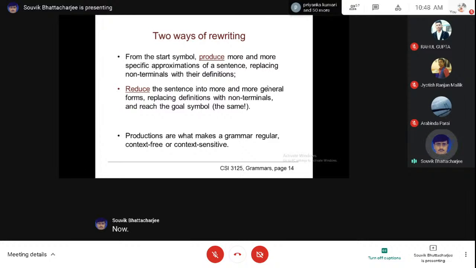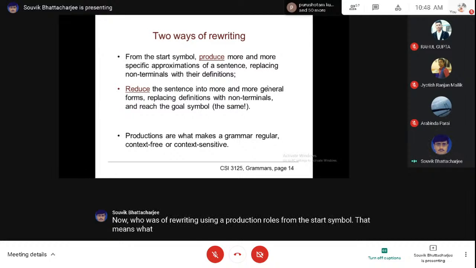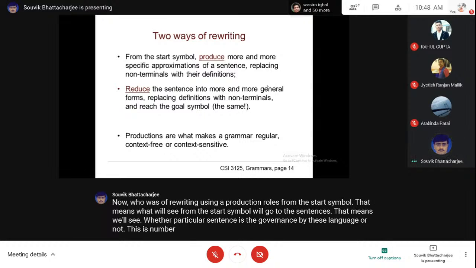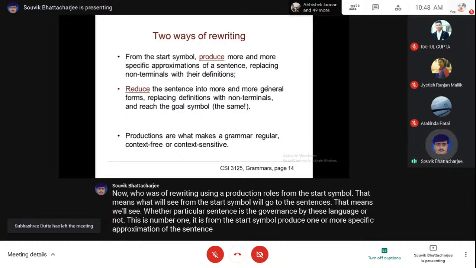Now, two ways of rewriting using your production rules. From the start symbol, we will go to the sentences. That means we'll see whether a particular sentence is recognized by this language or not. Number one: from the start symbol, produce one or more specific approximations of the sentence by replacing the non-terminals with their definitions, and finally we reach the sentence.